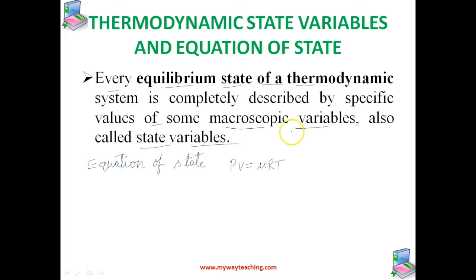For a fixed amount of gas, given mu, there are thus only two independent variables: one is P and V, or the other is T and V. The pressure volume curve for a fixed temperature is called an isotherm. Okay, isotherm.